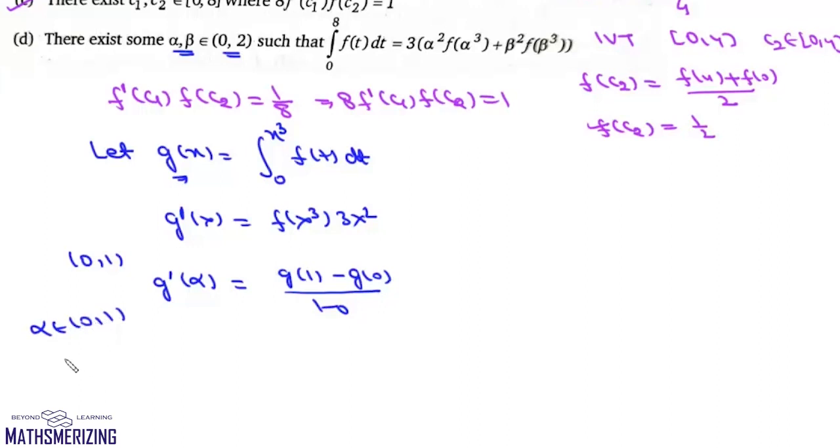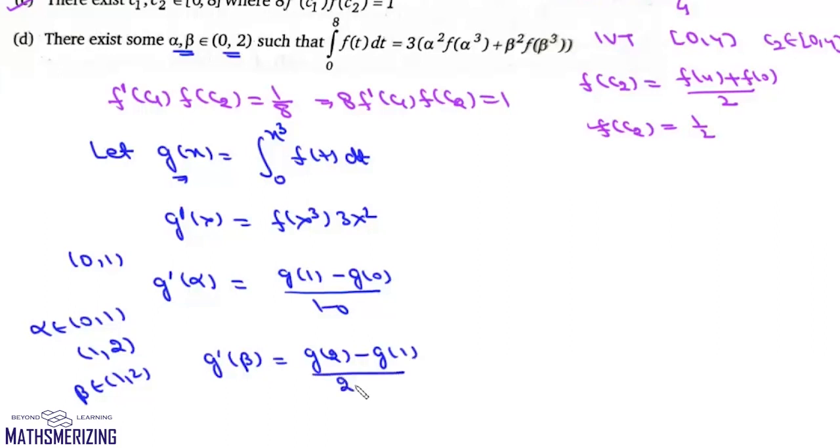And then we'll use LMVT again in the interval 1 to 2, and we can write there exists a point beta in the interval 1 to 2 such that g'(beta) will be equal to (g(2) minus g(1)) upon (2 minus 1). Now g'(alpha) will be 3 alpha square f(alpha cube) and g'(beta) will be 3 beta square f(beta cube).